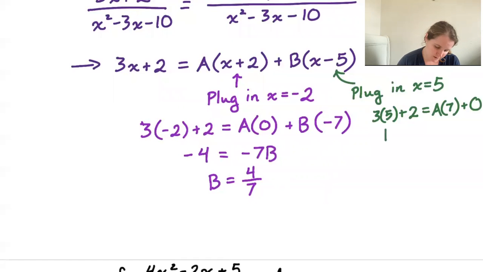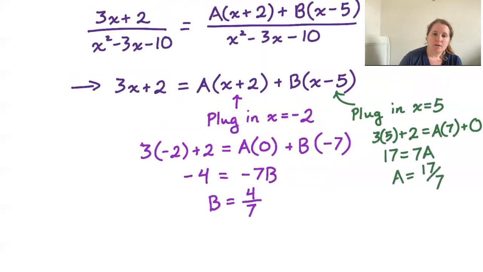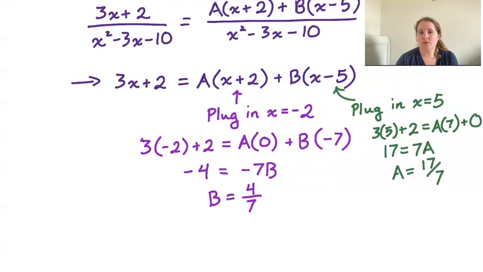So this becomes 17 equals 7A, where A equals 17/7. So essentially what we can do now is rewrite the original integral with these split fractions that we have just found.